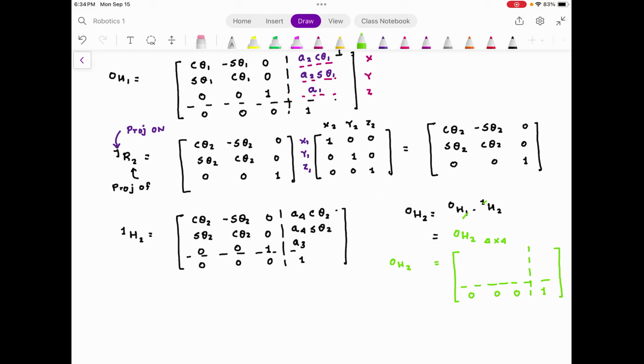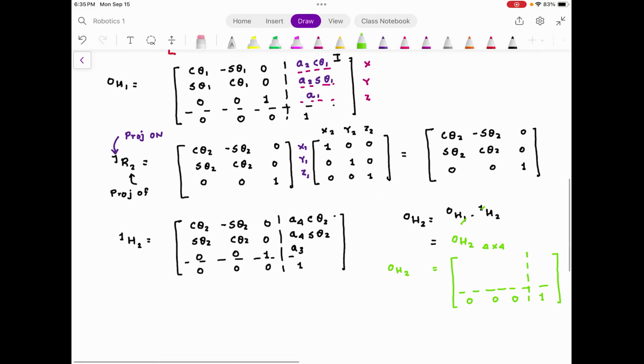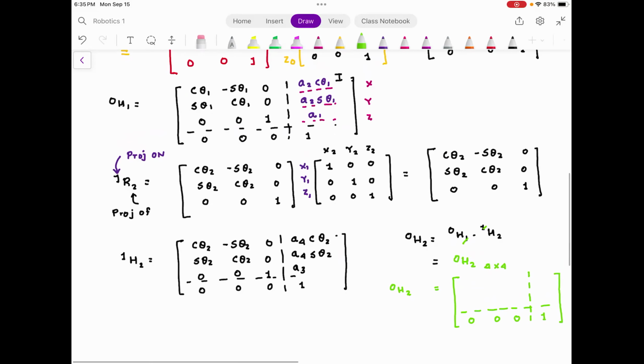Now, after we do all this multiplication, I want you for a minute to look at this representation. I'm going to write this here. This is 1R2, and this is the displacement relationship.